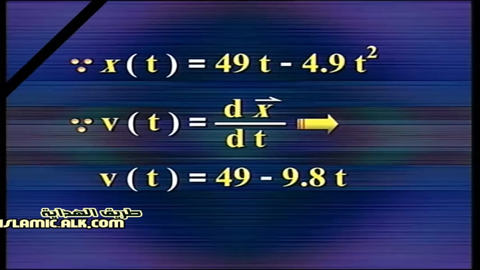Remember, dear student, v(t) equals dx over dt. We find the differentiation of the equation x(t) equals 49t minus 4.9t squared with respect to time t. The derivative of 49t equals 49, and the derivative of 4.9t squared equals 2 times 4.9t, which is 9.8t, with a negative sign.